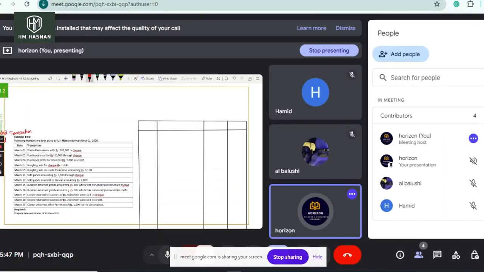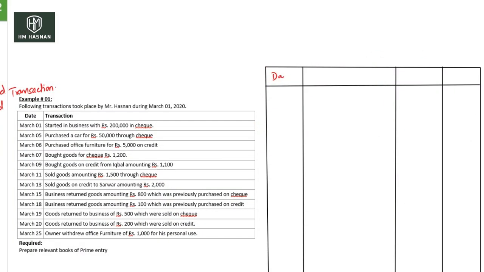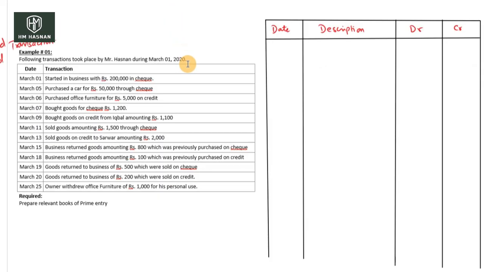Now here is the date. We can write date here. Description. Debit and credit.